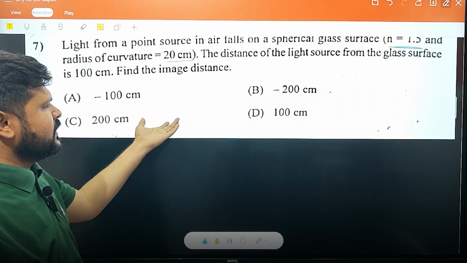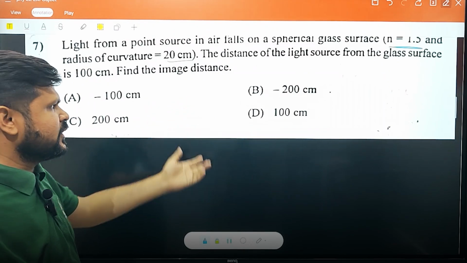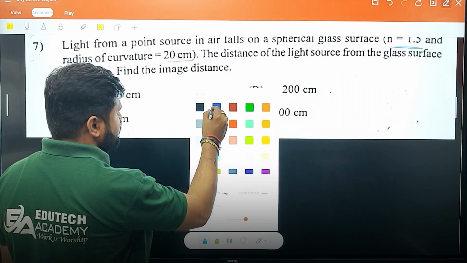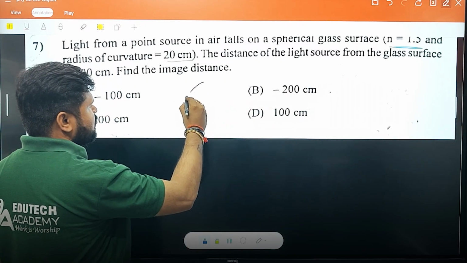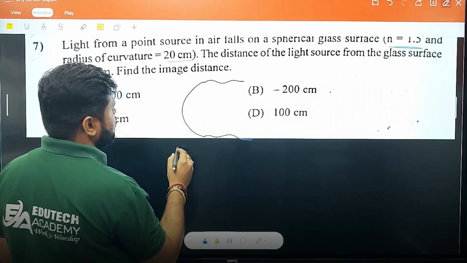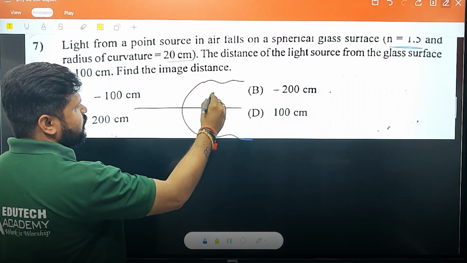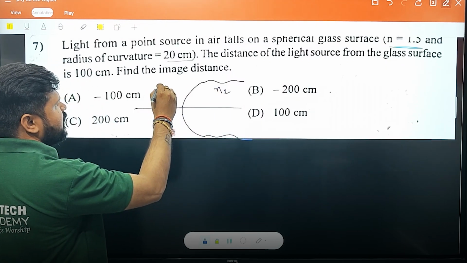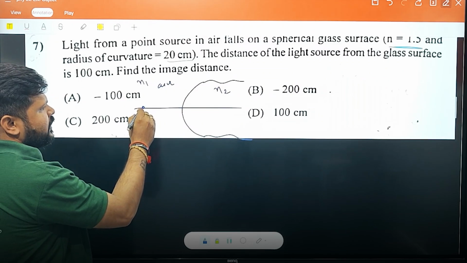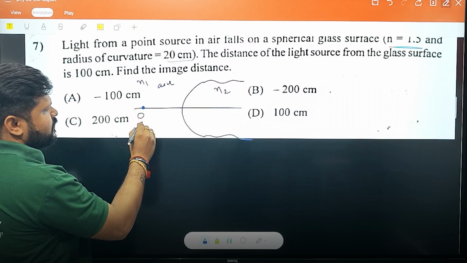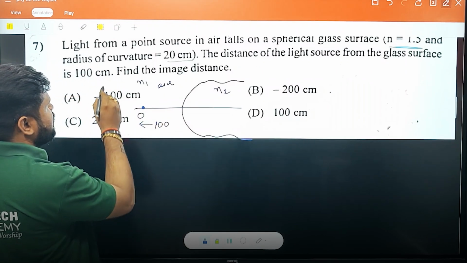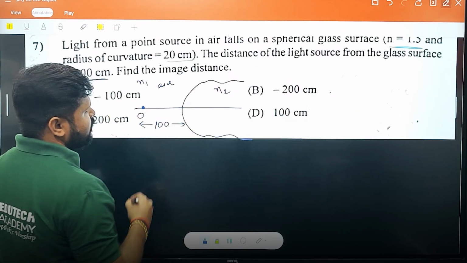This is one of the illustrations in chapter number 9. Here we are given that there is one curved surface whose refractive index is, suppose, N2, and the first medium has refractive index N1. At some distance the object is placed. At how much distance? 100 cm. We are given that.